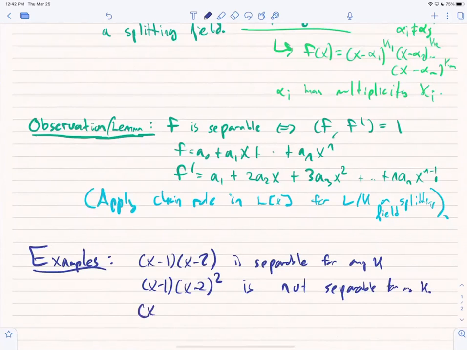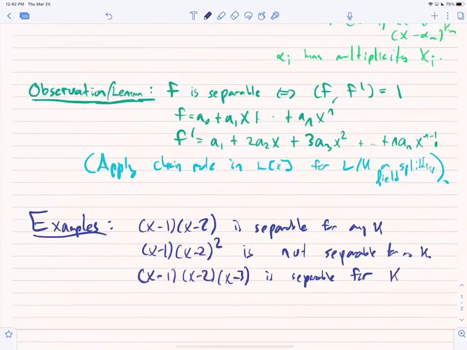And let me say x minus 1 times x minus 2 times x minus 3 is separable for the characteristic of k not equal to 2, but it is inseparable, so not separable, if the characteristic of k equals 2.